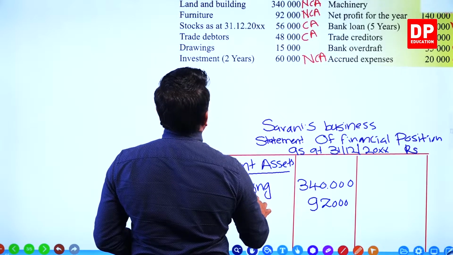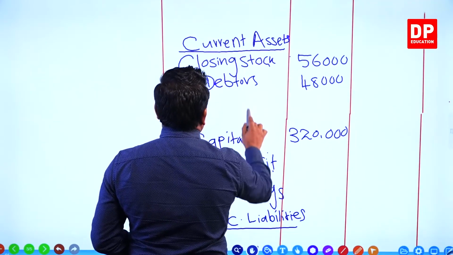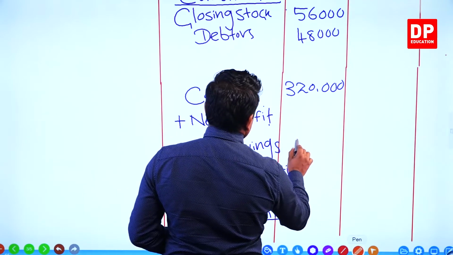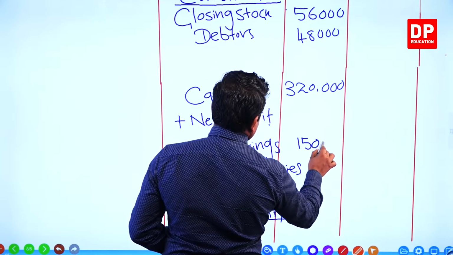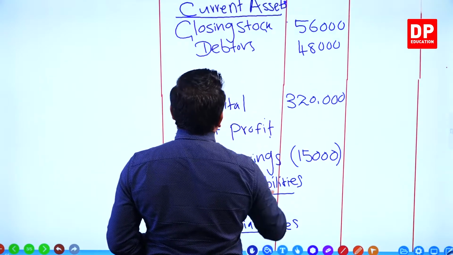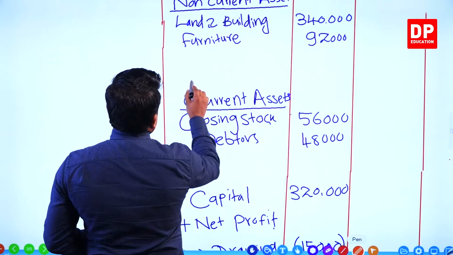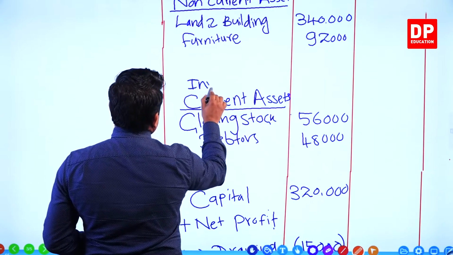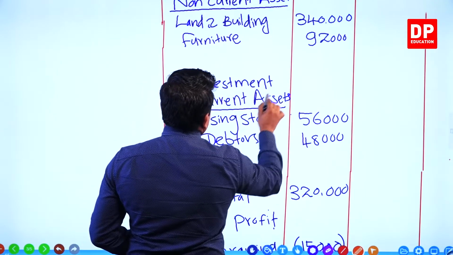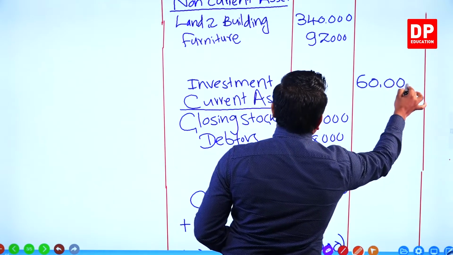Drawings 15,000, investment 60,000. Drawings 15,000, put in the brackets. Investment, you remember, it is 60,000. We bring it to the corner because only one intangible asset, right?